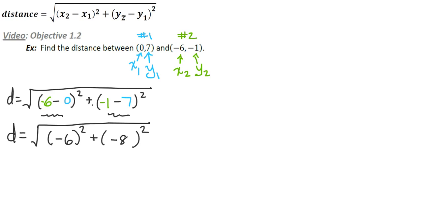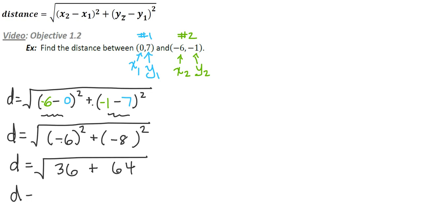So, using order of operations, we worked within the parentheses first. Now we're going to evaluate exponents. So we've got -6 times -6, which is positive 36. Next we have -8 times -8, which is positive 64.